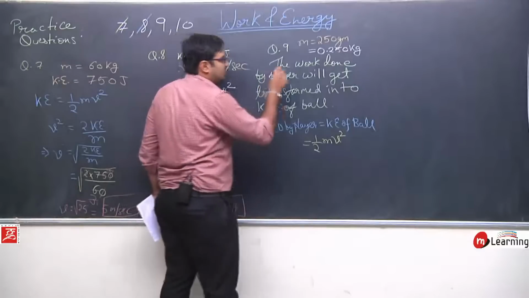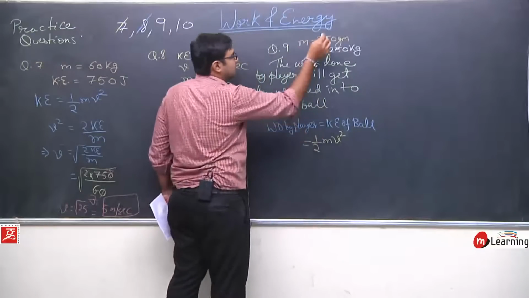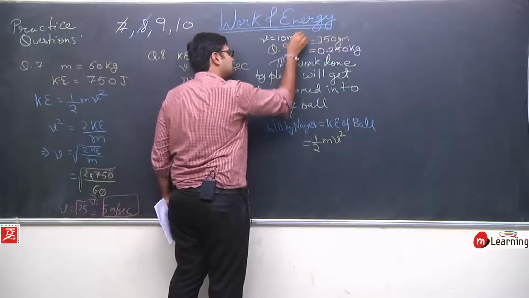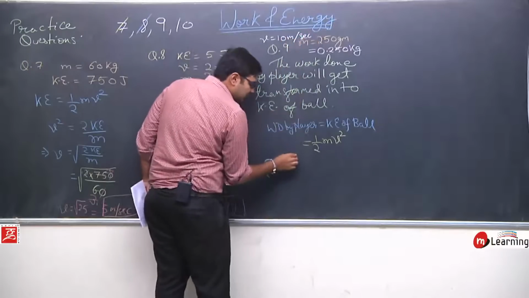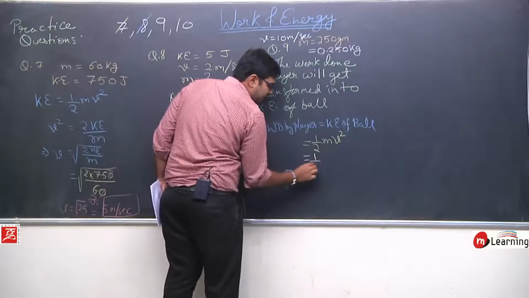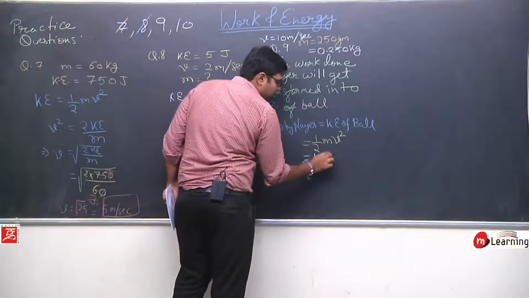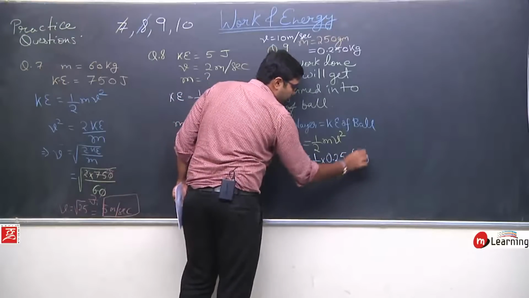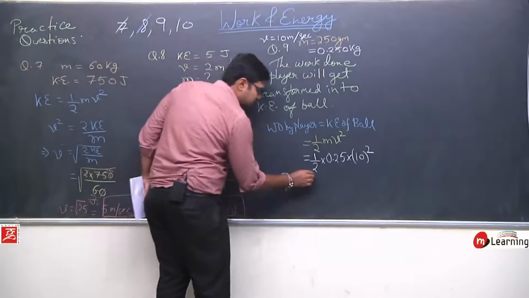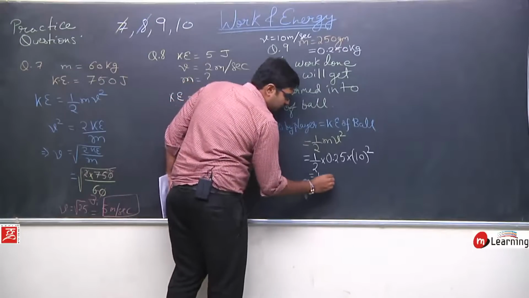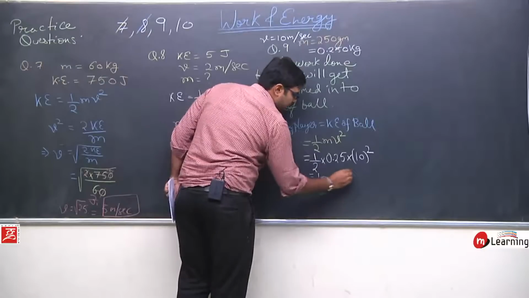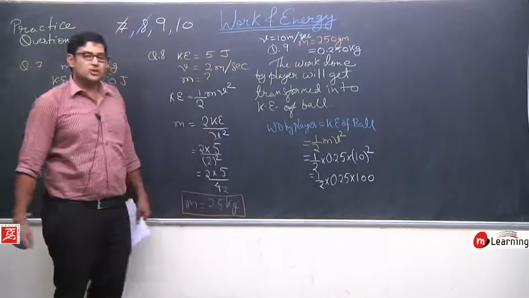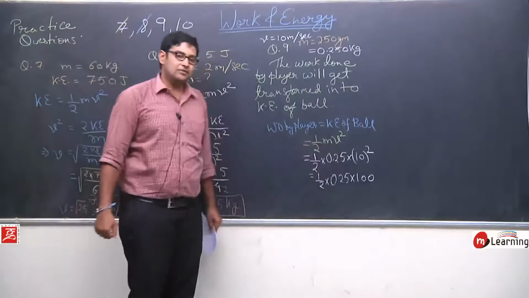So this is the mass, and the velocity of the ball is given as 10 meters per second. So the work done by the player will be half into 0.25 into square of 10. So this will give you half into 0.25 into 100, because square of 10 is 100.